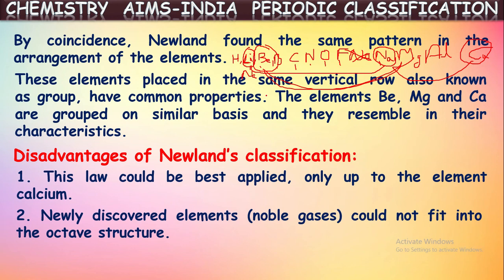One more major drawback is the discovery of noble gases. Actually, he classified the elements into octaves before the discovery of noble gases. For hydrogen in these octaves, the consecutive eighth element will be fluorine, isn't it? If you count from here, 1, 2, 3, 4, 5, 6, 7, 8.